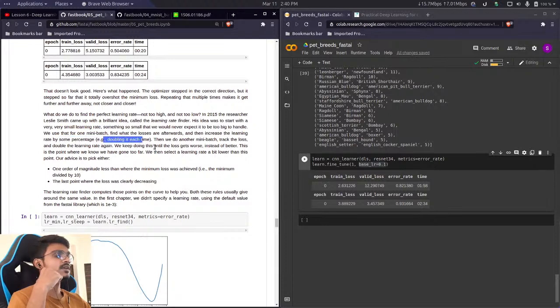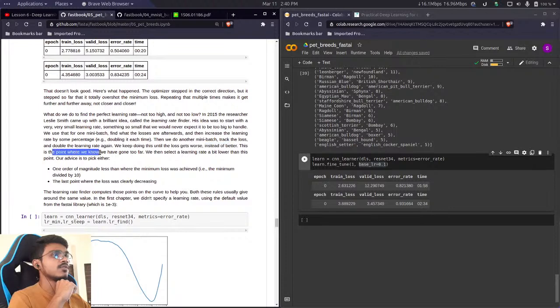So we incrementally increase the learning rate batch by batch. Then we do another mini batch, track the loss and double the learning rate again. We keep doing this until the loss gets worse instead of better.